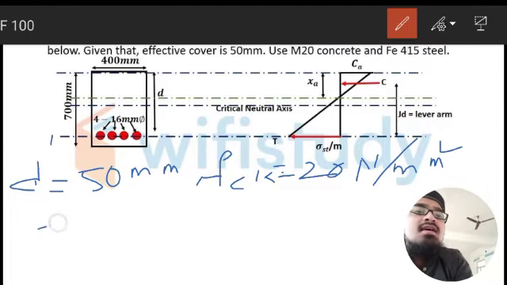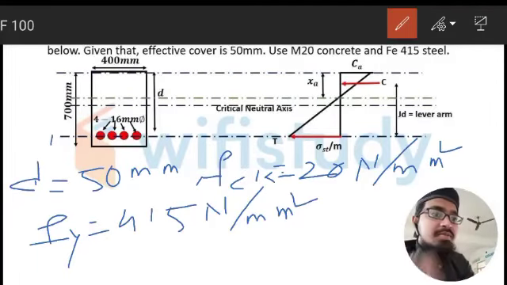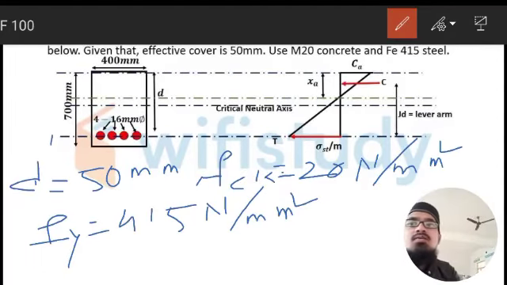And what else they have given? Fy, that is Fe415 grade of steel. Fe415 means the yielding stress is equal to 415 Newton per mm square. That is what they have given in the given data.